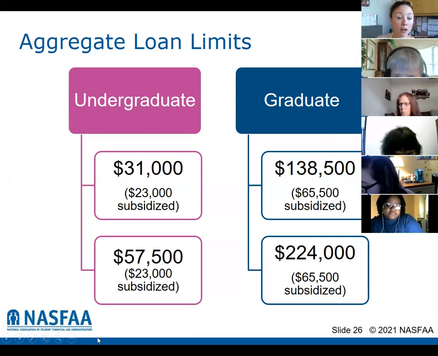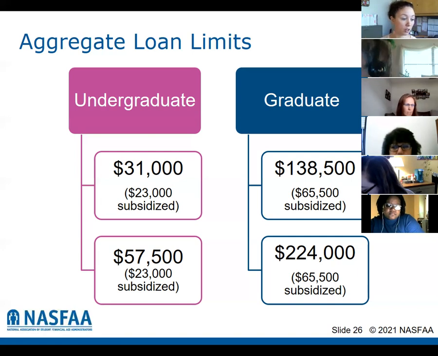So if you are an undergraduate student, here are your limits. Once you're reaching these aggregate totals, the FAFSA will give you a comment code informing you that the student is getting close to that limit, has reached that limit, or has exceeded that limit.